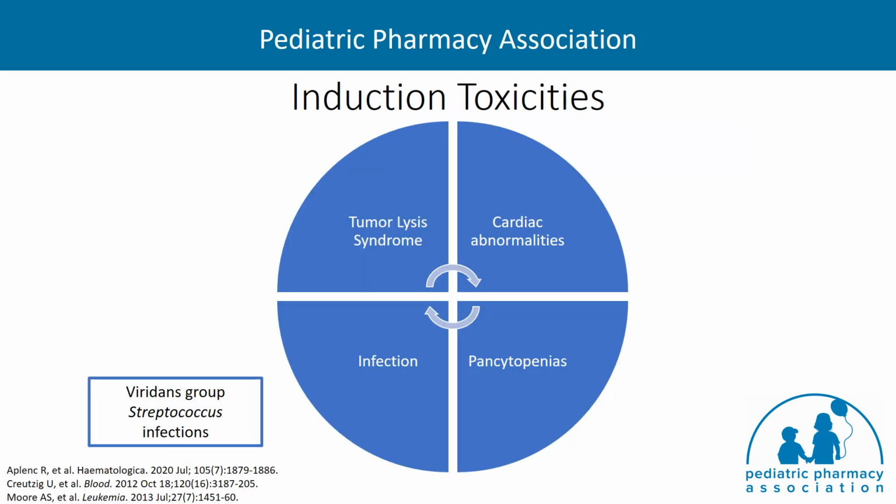With our standard of care AML induction regimens, our patients are at significantly increased risk of various toxicities and even mortality during induction as well. So specific toxicities that we monitor closely for and provide robust supportive care to prevent include tumor lysis syndrome.